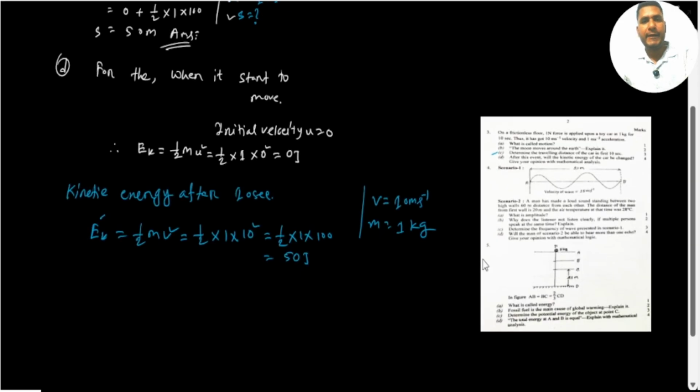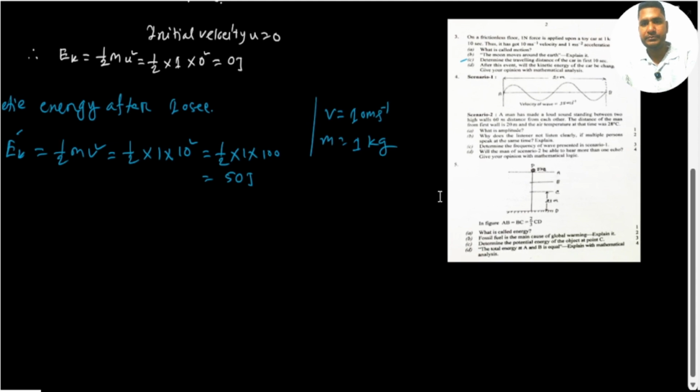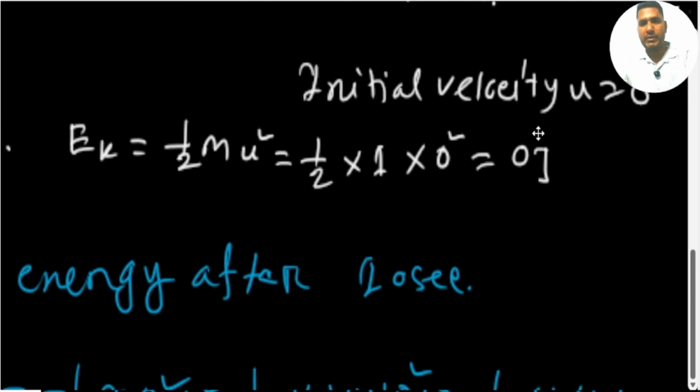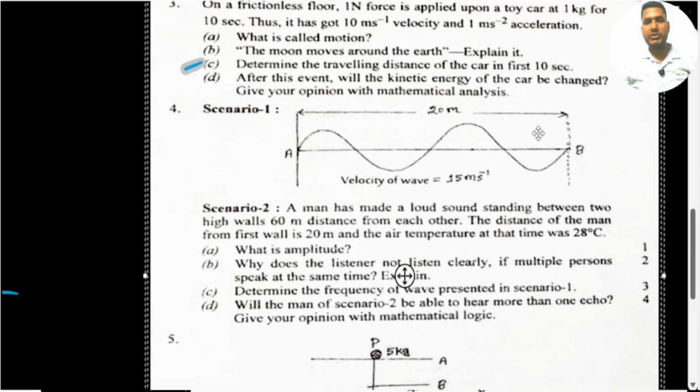Okay, now number two, the question was about wavelength. We can see a transverse wave here, scenario 1 and scenario 2. In scenario 1, we can see for 2 lambda distance given 20 meter and velocity of wave is 15 meter per second. In scenario 2, a man has made a loud sound standing between two high walls 60-meter distance from each other.